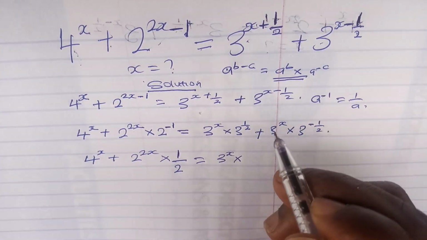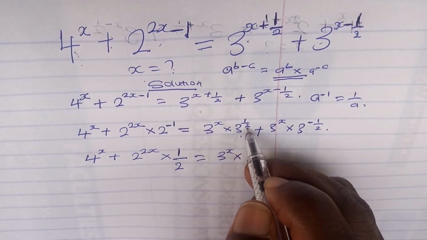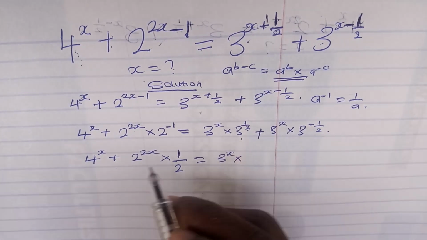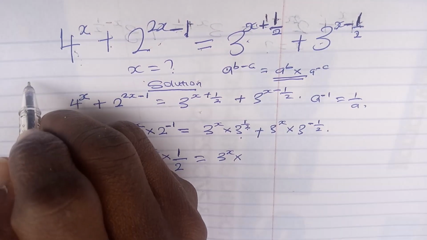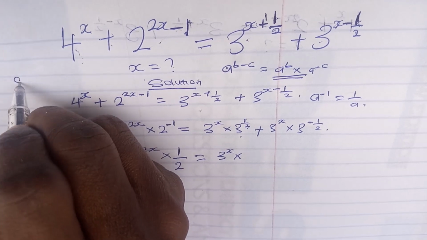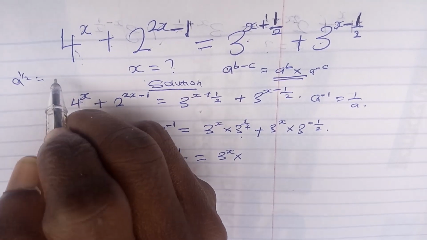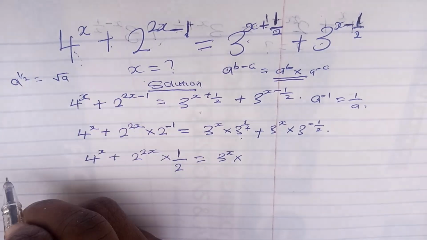we are having 3 to the power of 1 over 2, right? If we are having 3 to the power of 1 over 2, we can still write this to be this. If we are having a to the power of 1 over 2, it is also equal to the root of a.